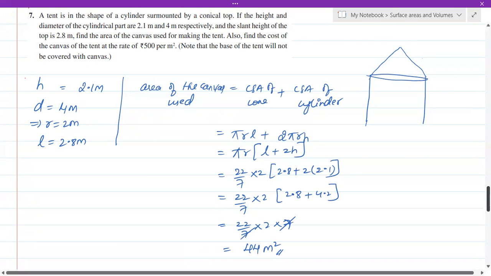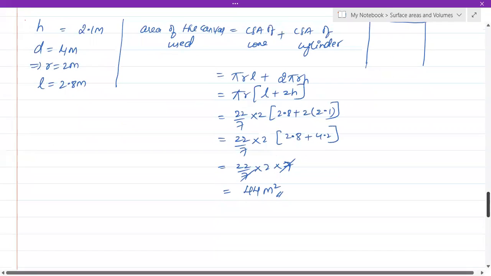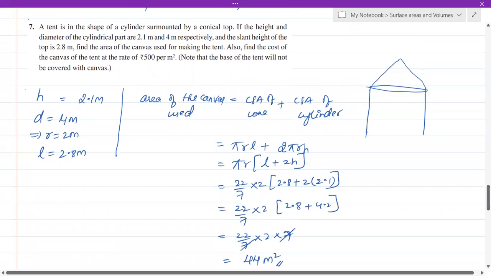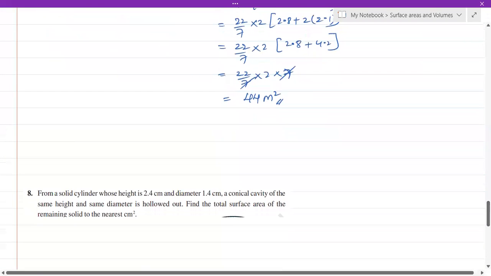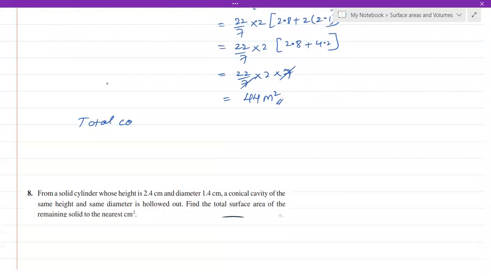Okay. So then we have to find the cost. For 1 meter square, it is 500 rupees. What they have given is rupees 500 per meter square. So for 1 meter square of the cloth, we have to pay 500 rupees. Now, what is the total area of the canvas used? 44 meter square. So total cost is equal to area of the canvas multiplied by cost per meter square.